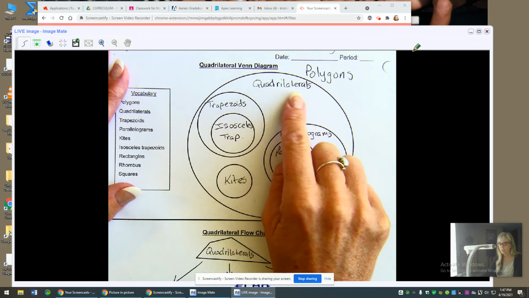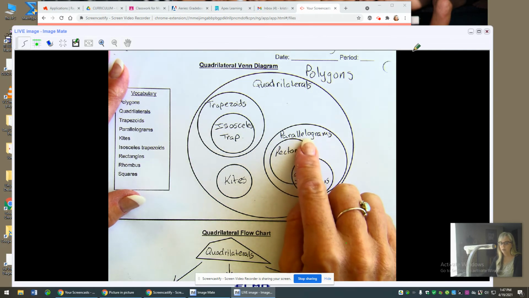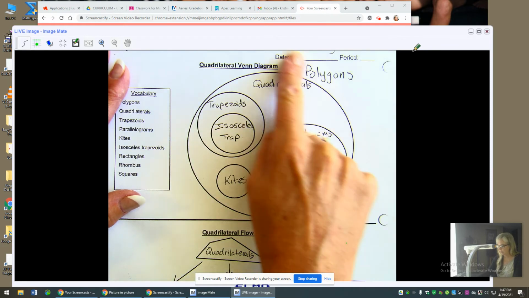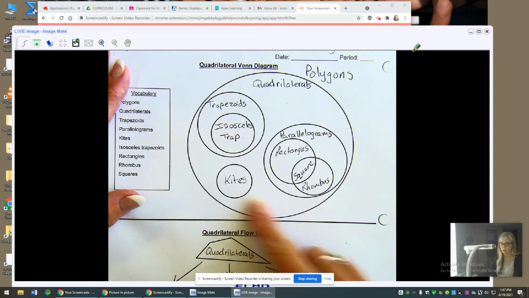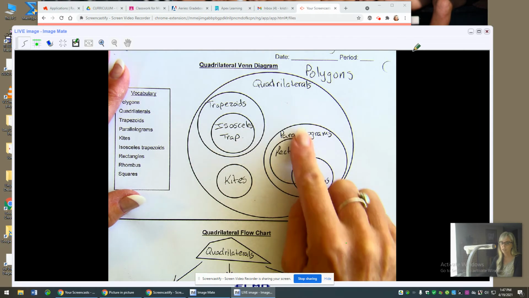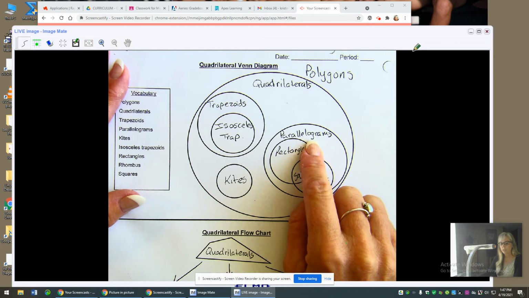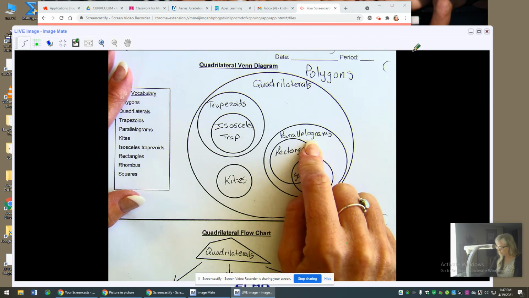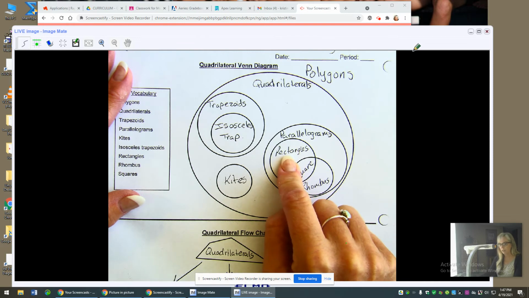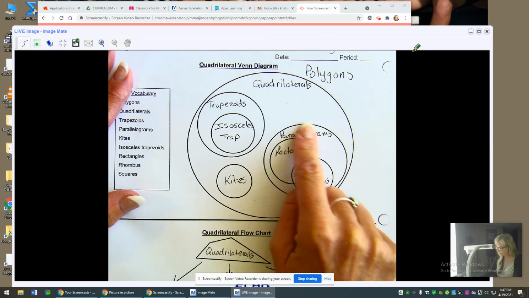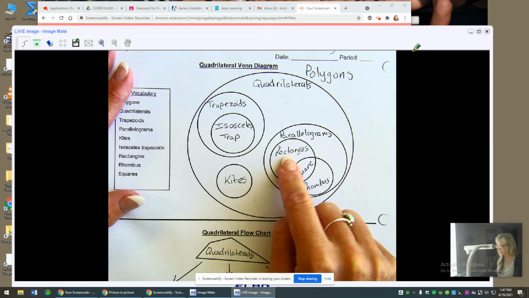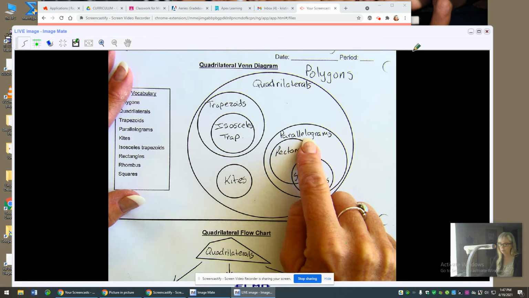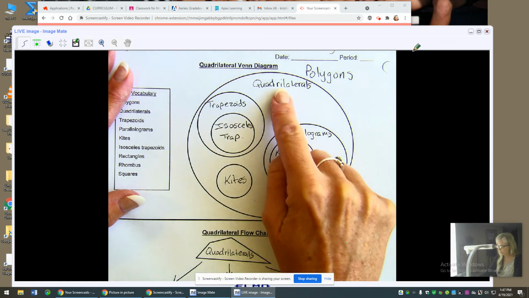More specifically, our focus has been on parallelograms that fall in the circle of quadrilaterals. They have four sides, but more specifically two pairs of parallel sides. And then we got to focus on rectangles, which are also in the circle of parallelograms. A rectangle is a parallelogram. A rectangle is a quadrilateral.